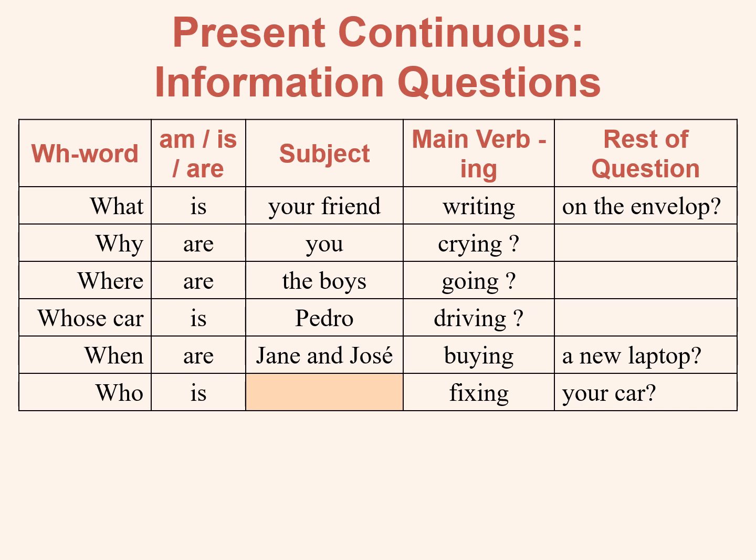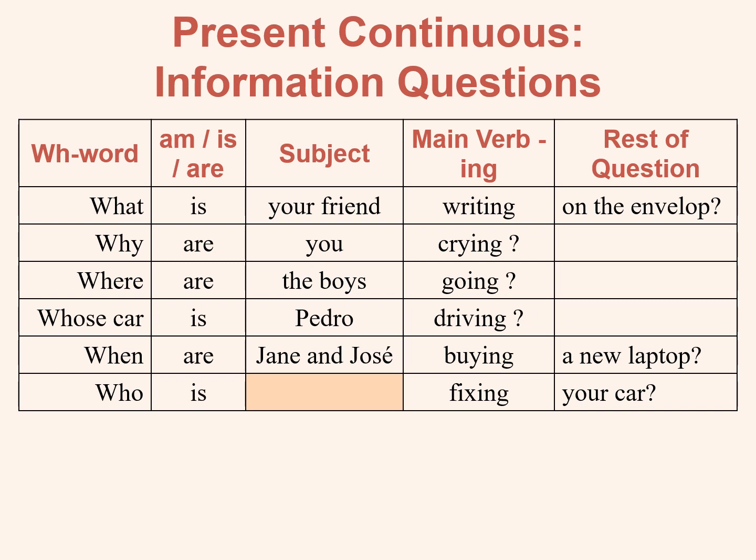The last example on this slide is the exception to the normal rule. In the last example, we get the WH word who, the auxiliary is, followed by the main verb in the ing form. The reason that the last example is an exception is because in that question there is no subject. And so we cannot put the subject between the auxiliary is and the main verb fixing because we don't have one.